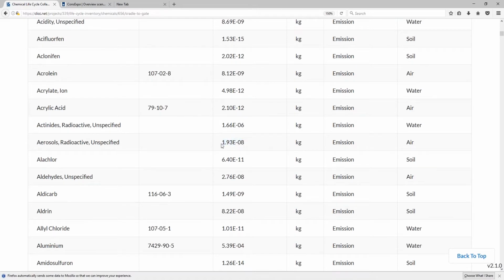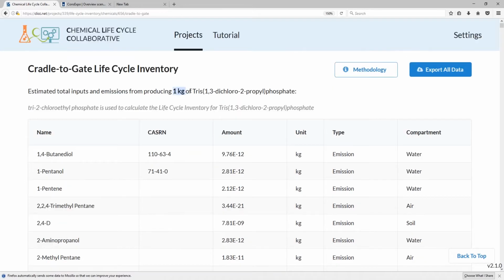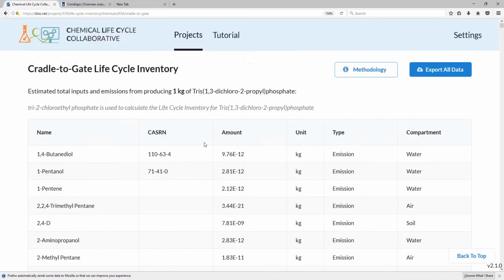Yeah, so the values are very low. If there are some negative values, a possibility is that sometimes they generate waste heat that can substitute, for example, production of heat using fossil fuel. In that case, it may have negative values. So there are many reasons why you may see negative values.